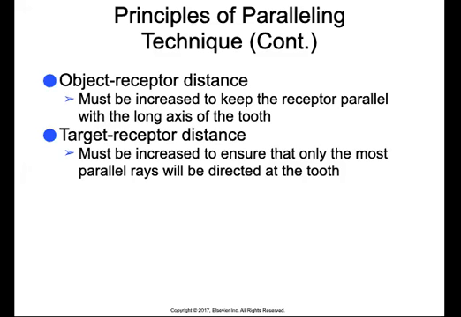So if you look on page 153 on 17-4, we'll see what it looks like if you have the object to receptor distance too close. You end up with an angle that is not parallel, and we can see this on A of 17-4. So what you'll need to do is to increase the object to receptor distance, and this will help to keep that parallel angle.